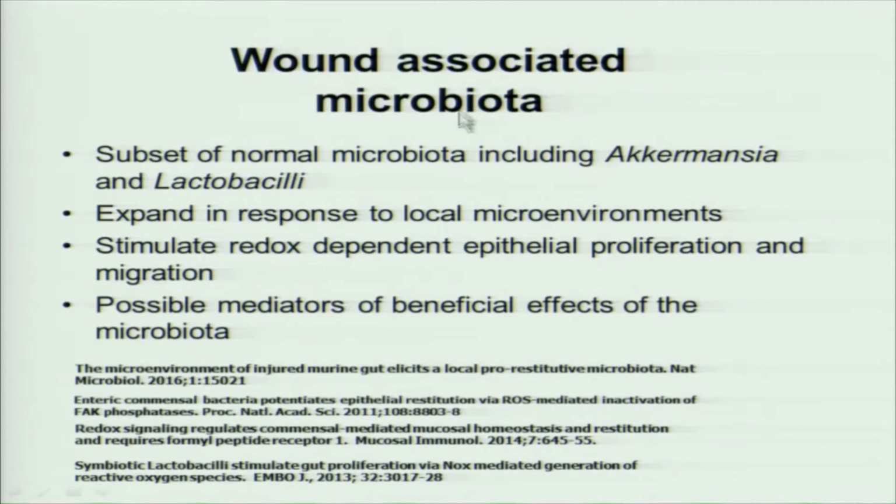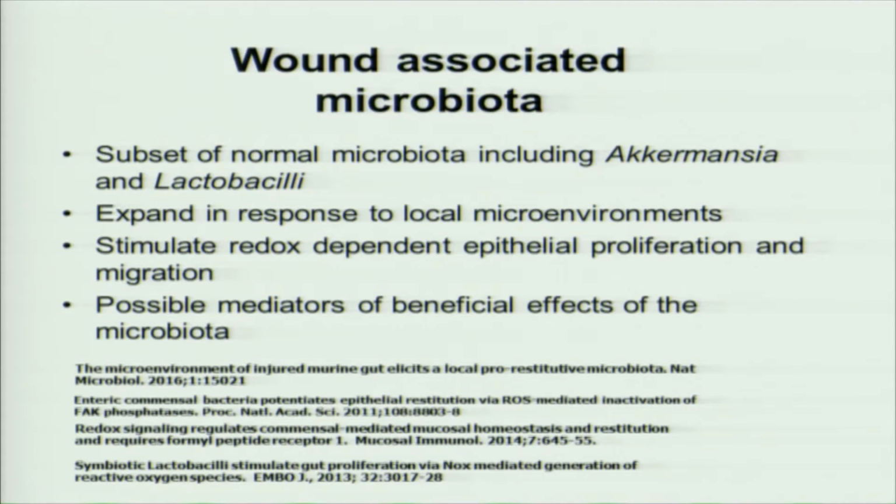So basically, wound-associated microbiota is a subset of normal microbiota, including Akkermansia and lactobacilli. They expand in local microenvironments. So again, it brings up the concept that the microbiota is very dynamic. This is a very defined injury. In something complex like IBD, it's going to be very complicated because you have areas of activity, restitution, denudation, or normal appearing mucosa.